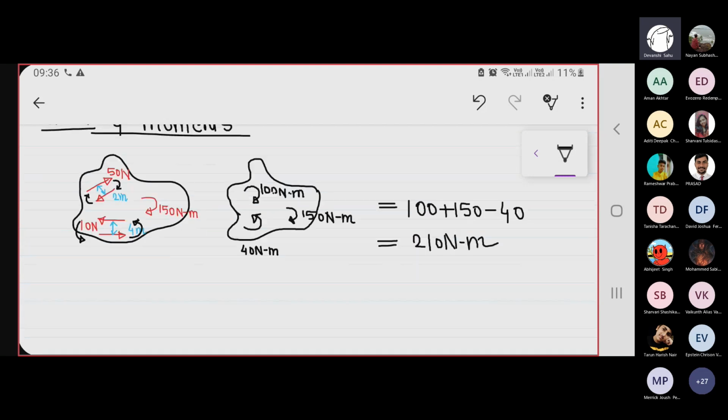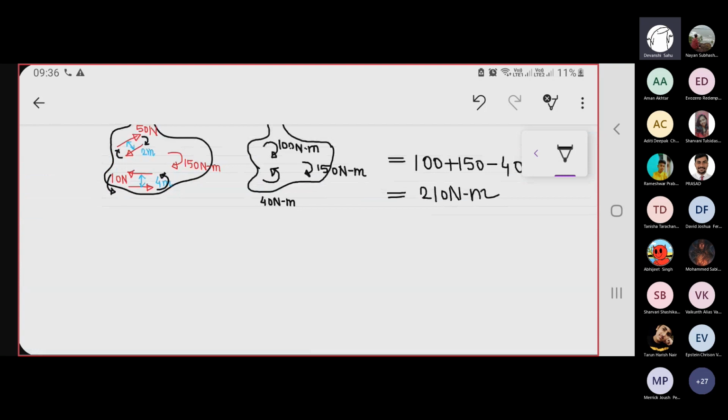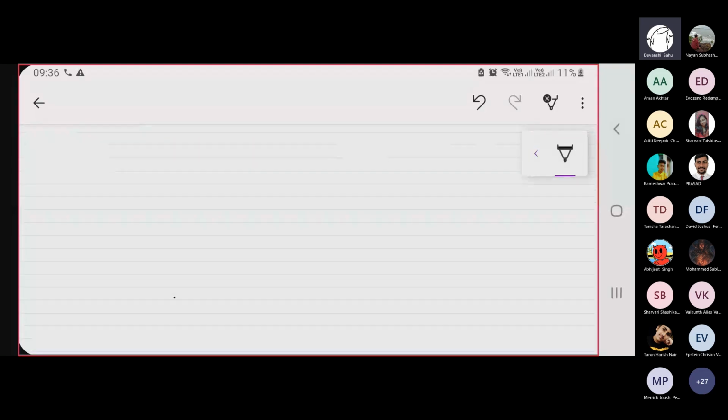We understood this. Let's go to the resultant of non-concurrent force system. Next chapter. Chapter, I am not saying module.